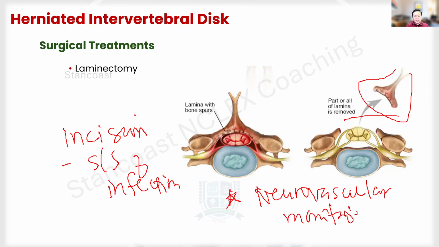So again, we're going to have to focus on the patient's circulation, sensation, and motor function. We're going to have to check our patient for signs of cord compression, or if there is worsening of their neurofunction, maybe weakness, numbness, bowel and bladder dysfunction. Those are things that we will be keeping an eye on.